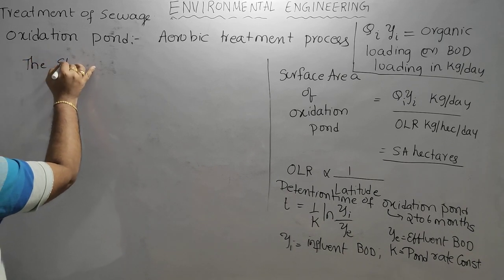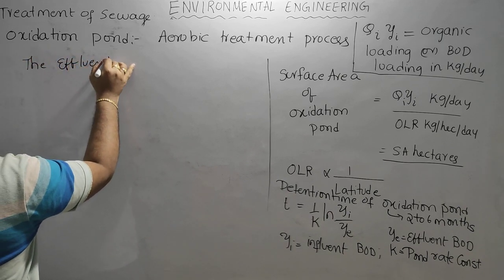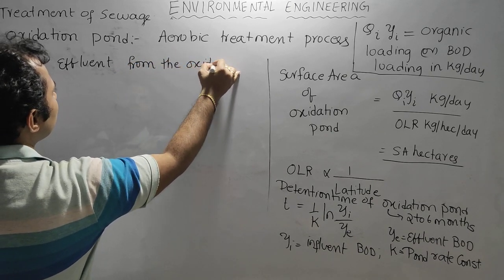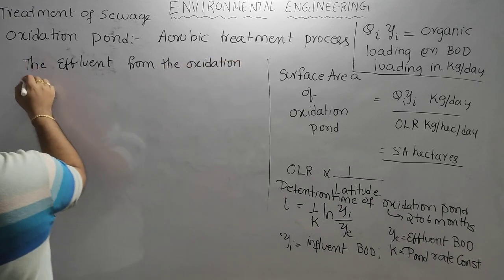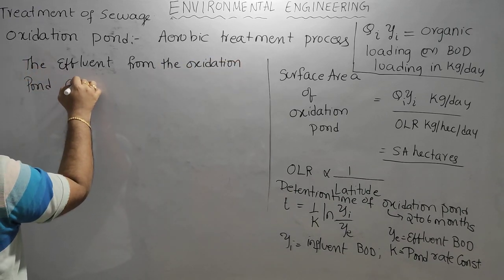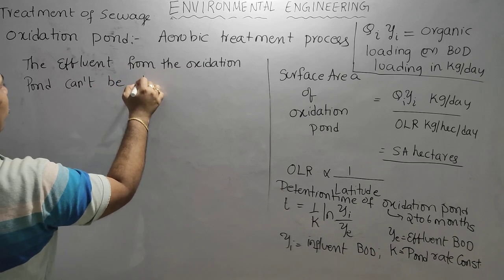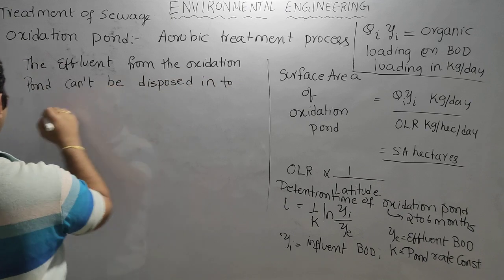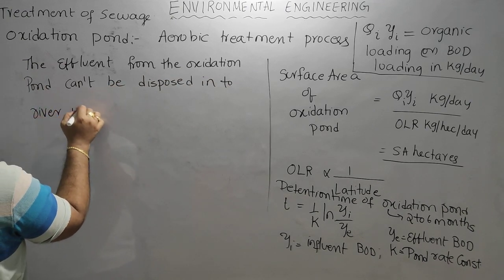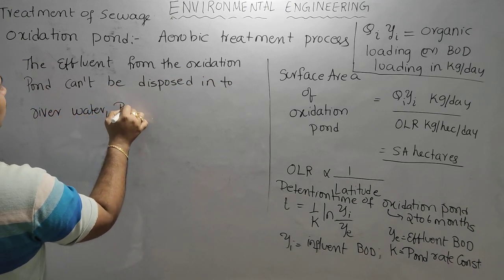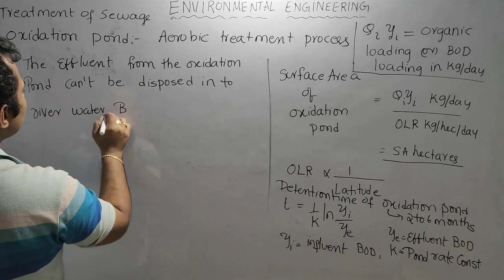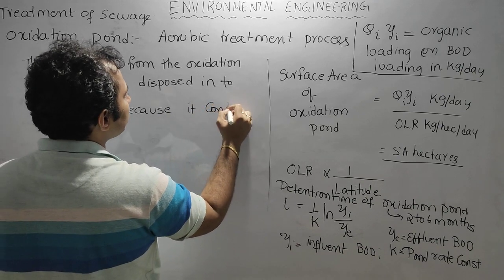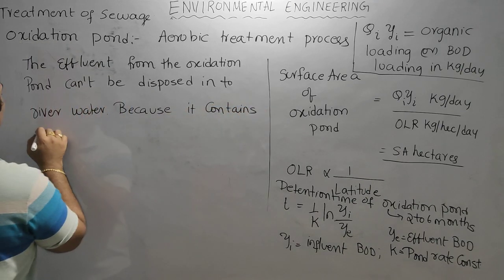The effluent from the oxidation pond cannot be disposed into river water because it contains more algae.